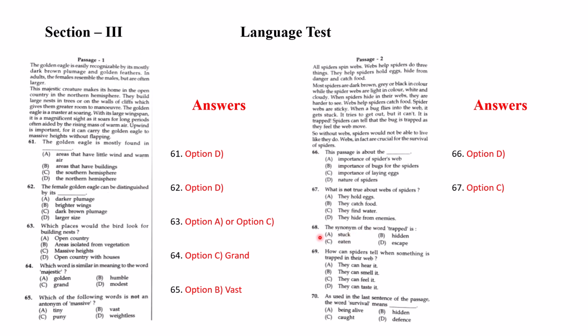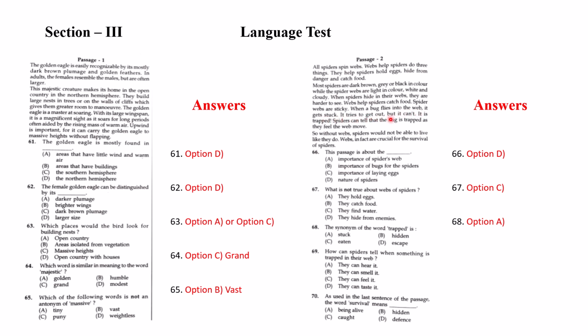Next, 68. The synonym of the word trapped would be stuck. Therefore, the correct answer would be option A, stuck. Coming to question number 69. How can spiders tell when something is trapped in their web? This we can find here. When a bug flies into the web, it gets stuck.